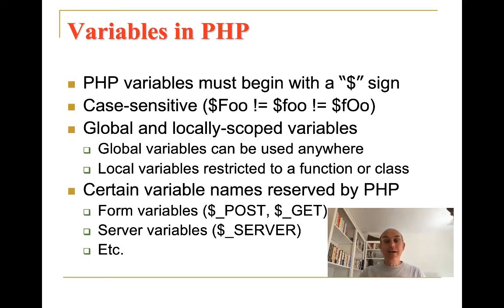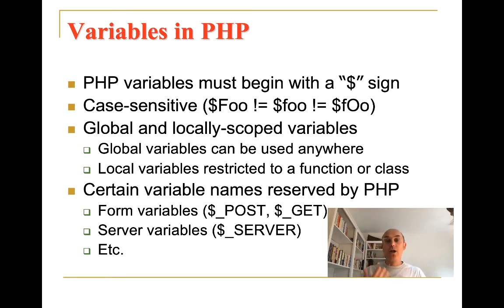Certain variable names are reserved by PHP, for example, form variables such as $_POST and $_GET. Remember that in the HTML form. In this case, it is reserved, and it can basically be applied to all aspects.